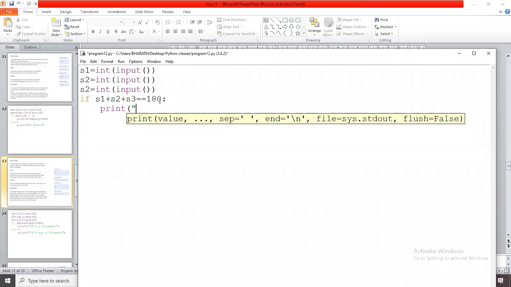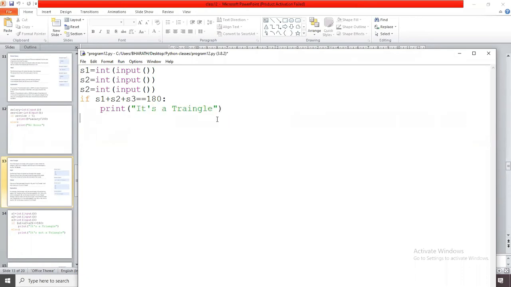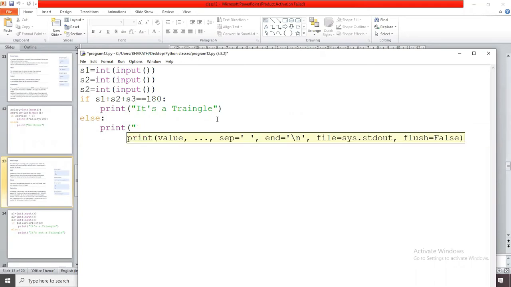What is the message? It's a triangle. Else, print it's not a triangle.